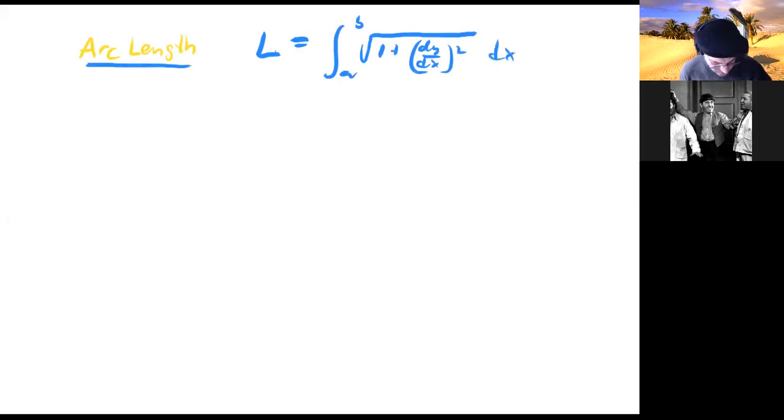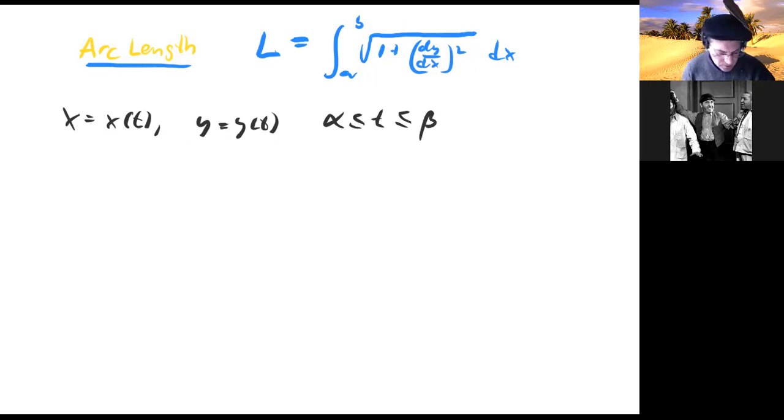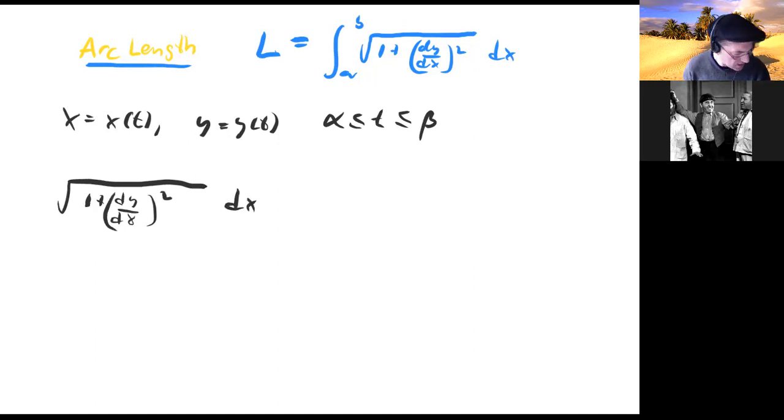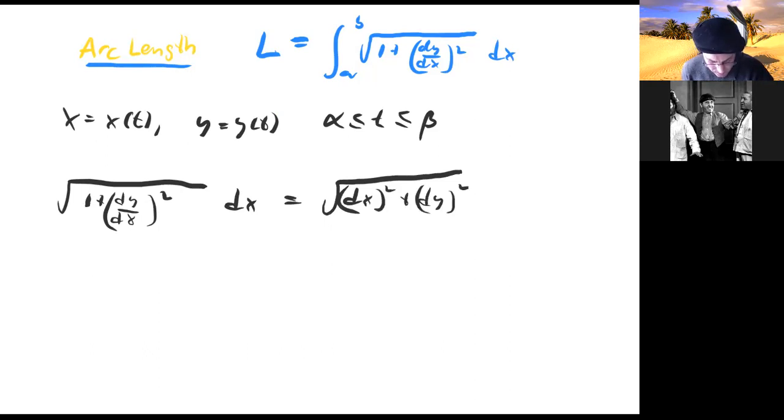Okay, so now what if you have x equals x of t and y equals y of t? Let's say t is going from alpha to beta. I want to rewrite the expression square root of 1 plus dy dx squared times dx. If I bring the dx into the square root, I have to square it, and then I distribute, and this is the same as the square root of dx quantity squared plus dy quantity squared.